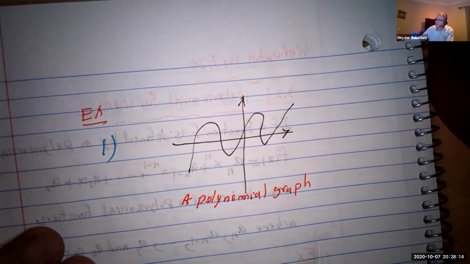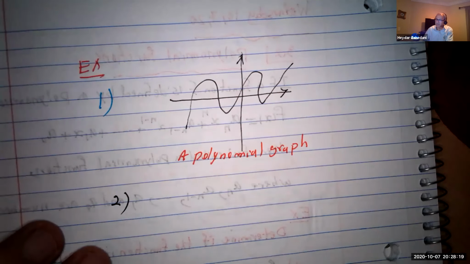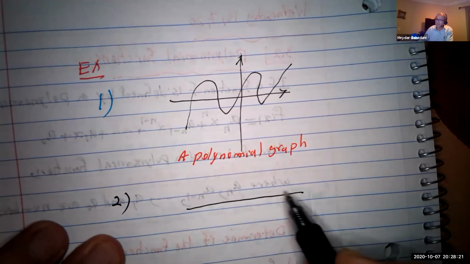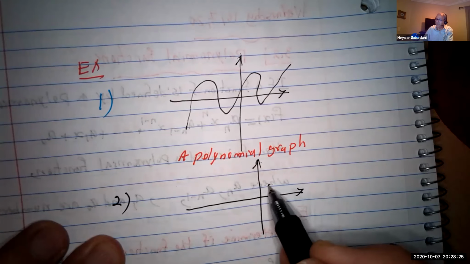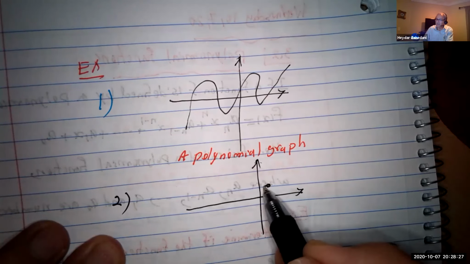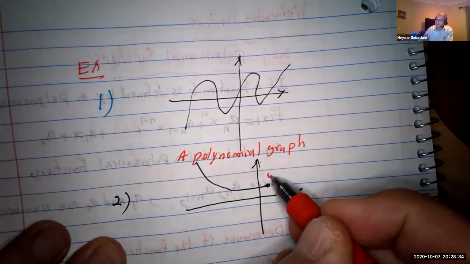But if they give you something like this one, look at this one. Suppose you have this one piece, and then you have another piece here.